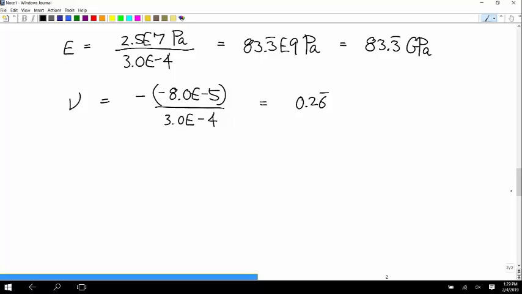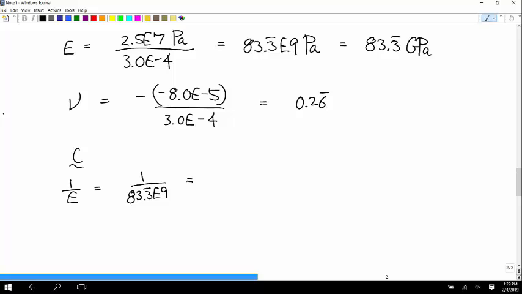And so now we want to fill out the compliance matrix. There are only 3 different elements that you can have in the compliance matrix. The first one, so now we're calculating the compliance matrix, 1 over E, so 1 over what we just calculated, 83.3 repeating times 10 to the 9th.